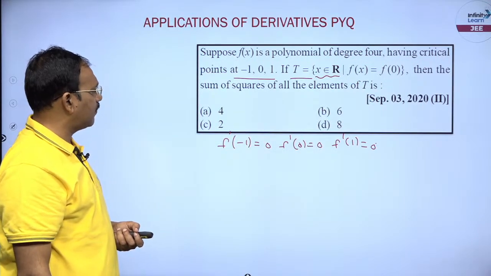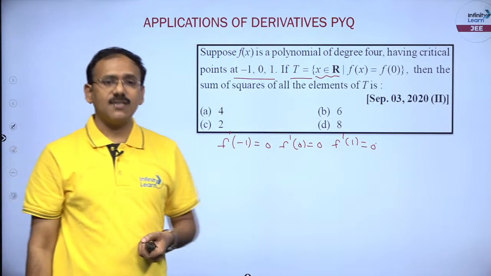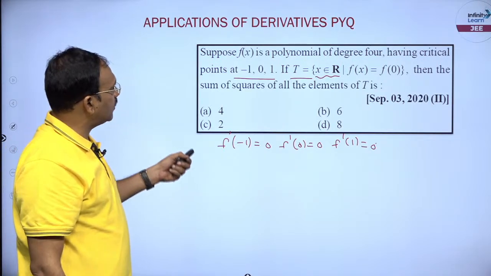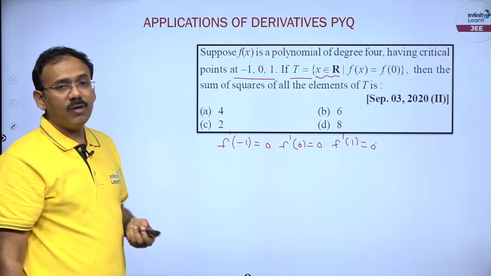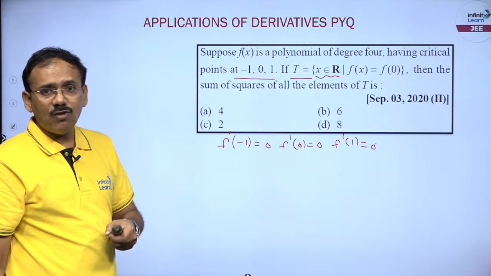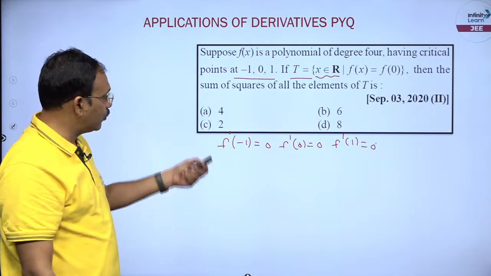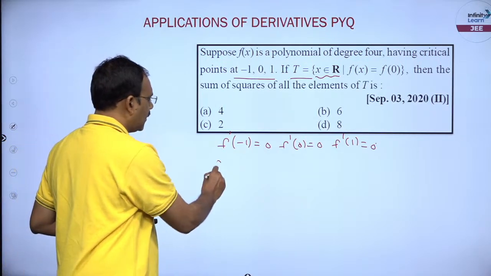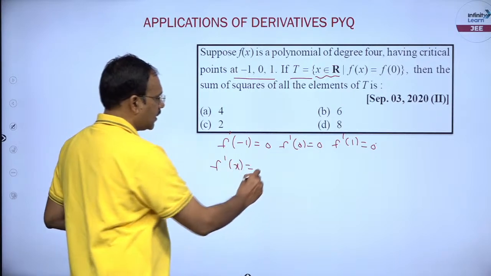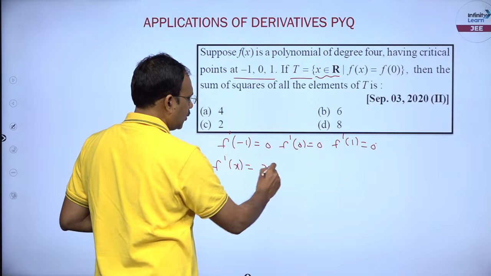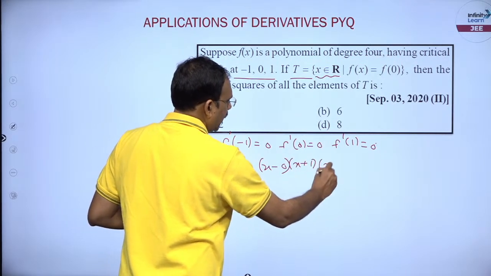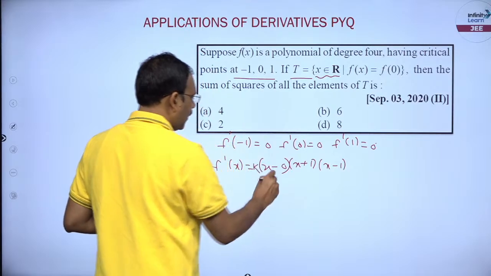T is a set of all x where f of x is f of 0, okay. Then the sum of the squares of all the elements of T. Fine, you see friends, f of x is a polynomial of degree 4 means its derivative will be a polynomial of degree 3 whose 3 roots are known. Can't I take f dash x like x minus 0 into x plus 1 into x minus 1 into k?